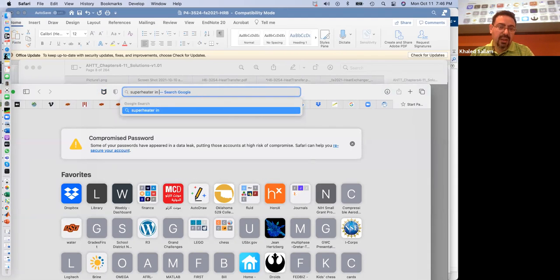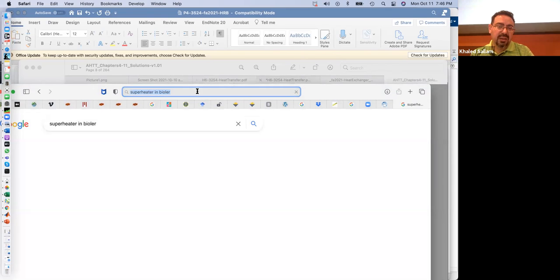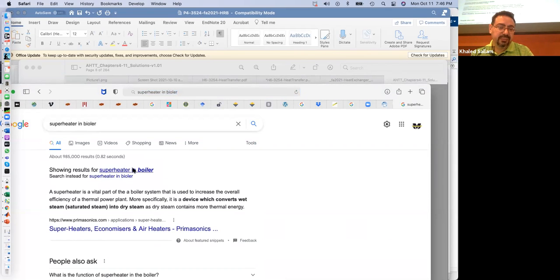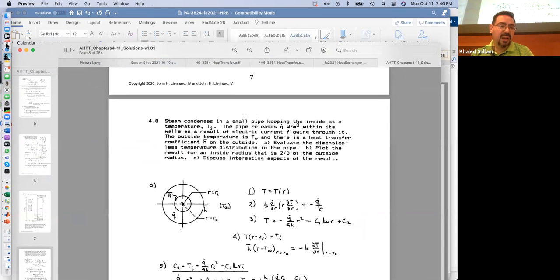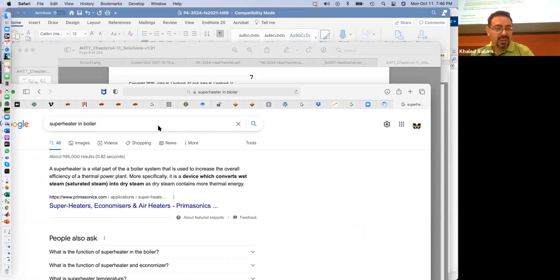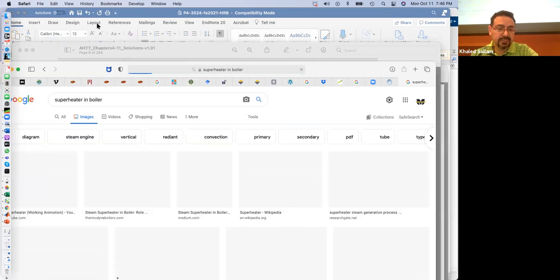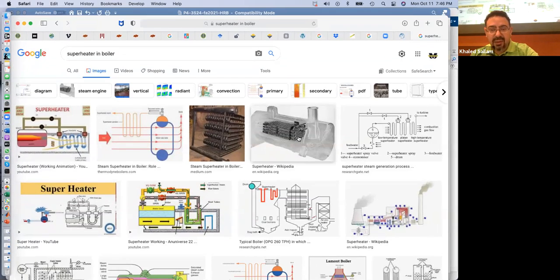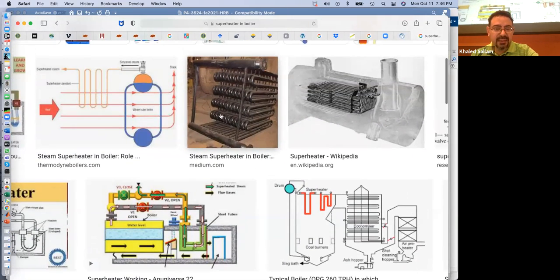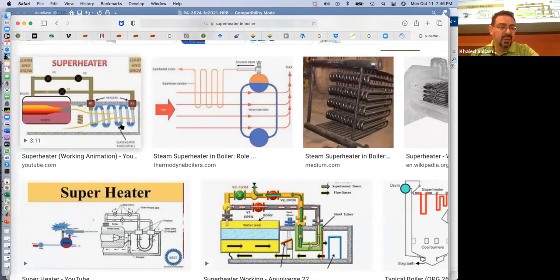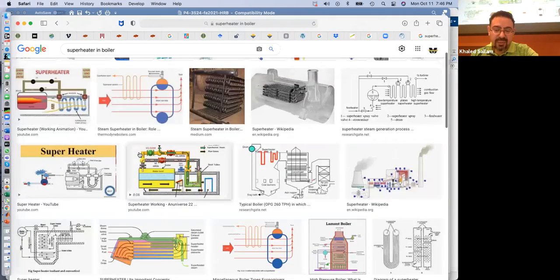I would say it looks more like a shell and tube, really. That was a big shell. It looks something like this, where the hot gases go through them.